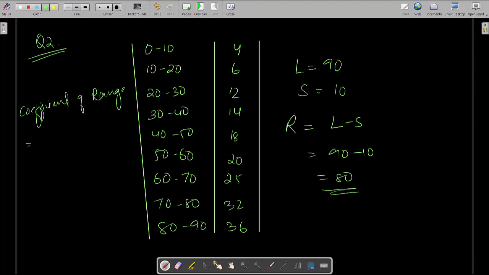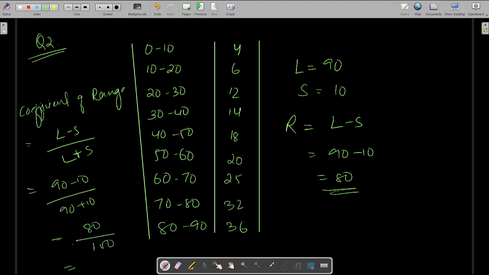The coefficient of range formula is L minus S divided by L plus S. So here L minus S, that is 90 minus 10, divided by 90 plus 10. 90 minus 10 is 80. 90 plus 10 is 100. So if you do this, you will get 0.8 as your answer. So this is your coefficient of range.